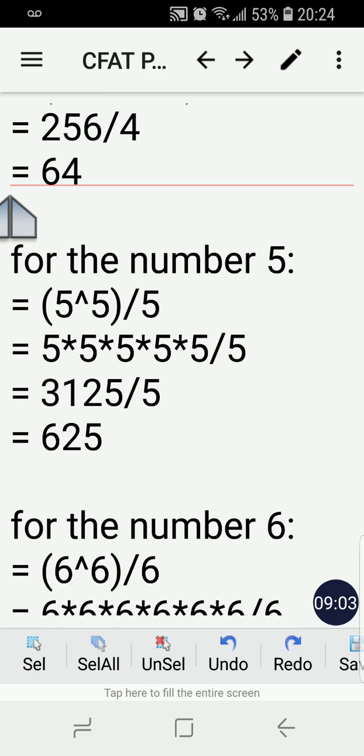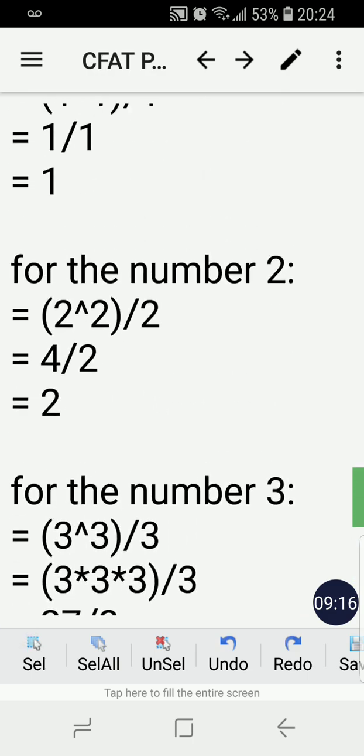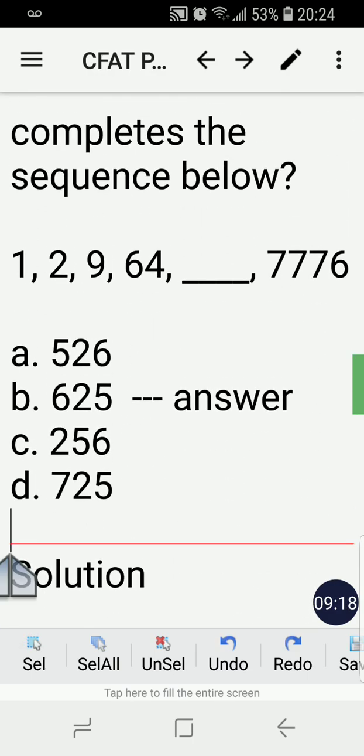So it's going to be 5 times 5 times 5 times 5 times 5, which is 3125, divided by 5 is equal to 625. So that is the answer, 625, which is letter B.